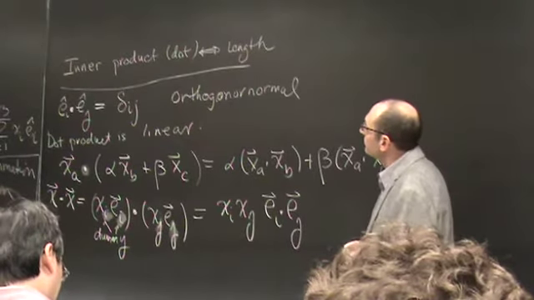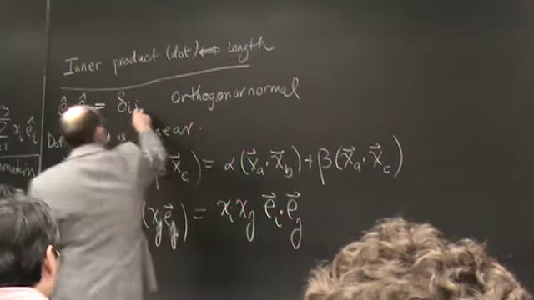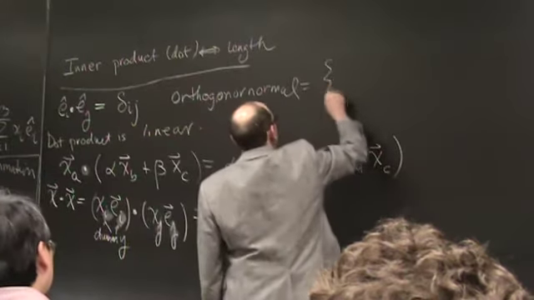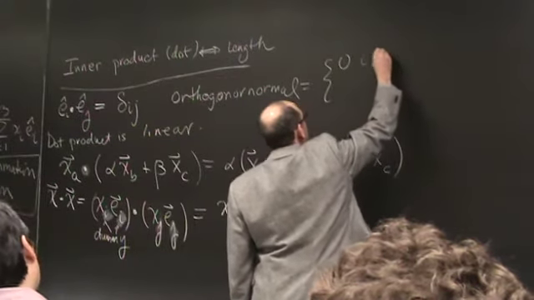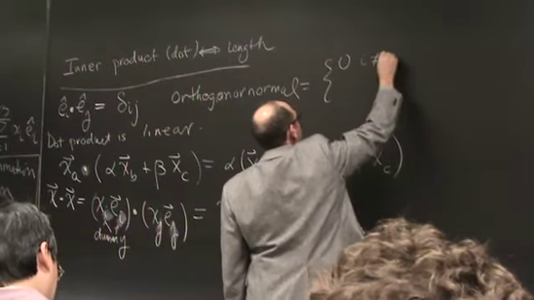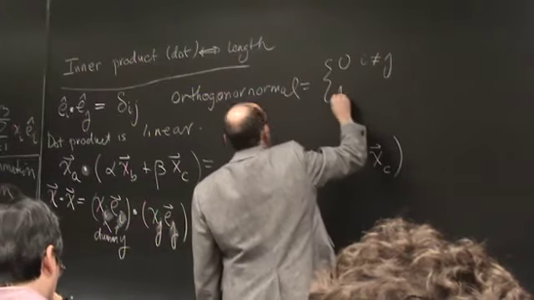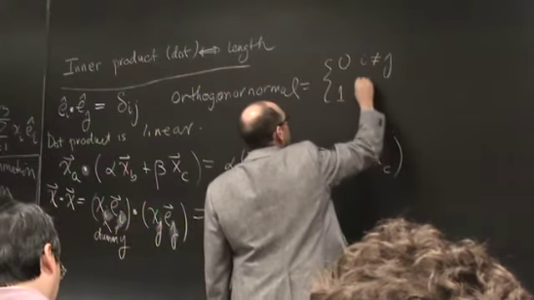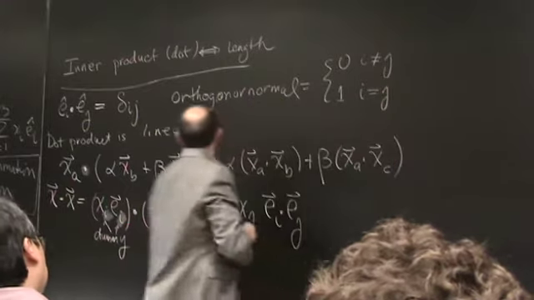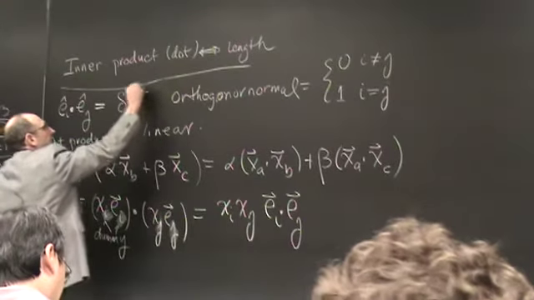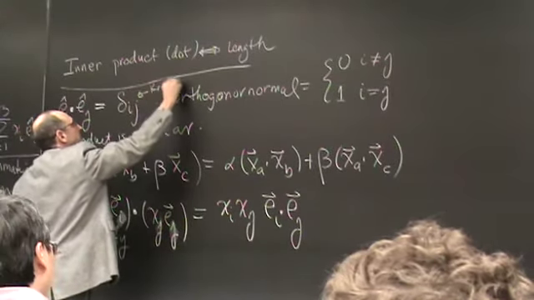Now, of course, you remember the Kronecker delta is 0 if i is not equal to j, and it's equal to 1 if i equals j. That's what we mean by this symbol, as you know.